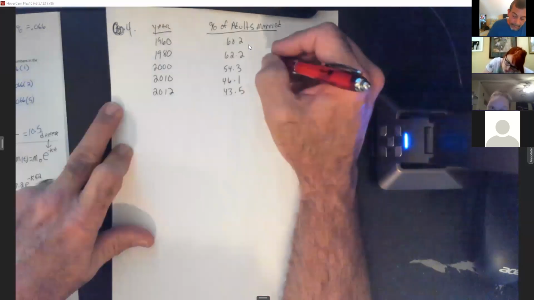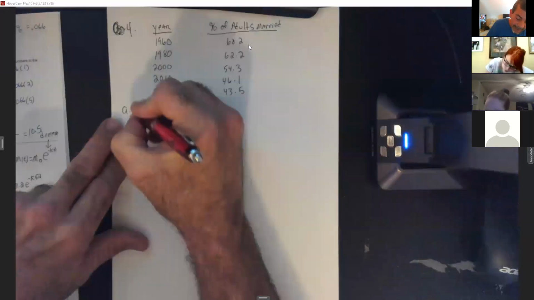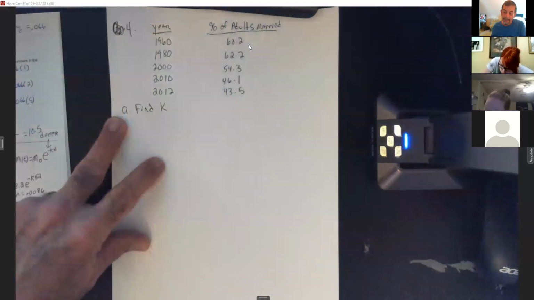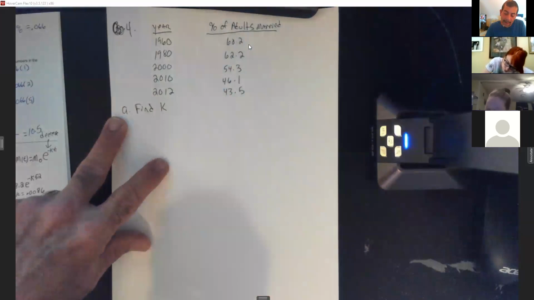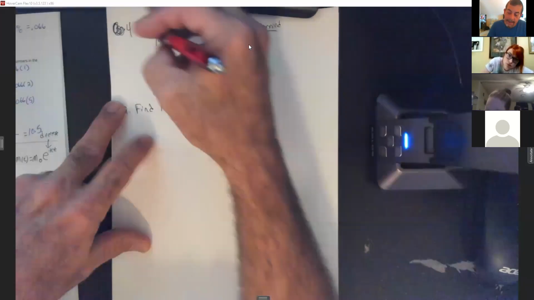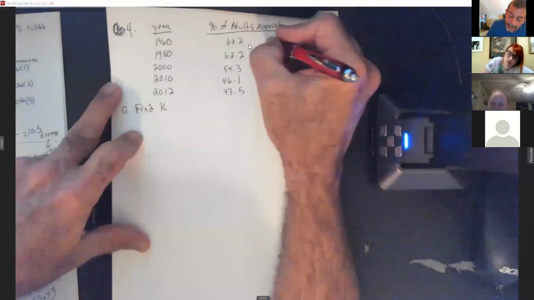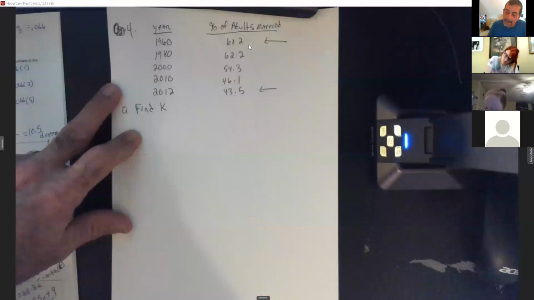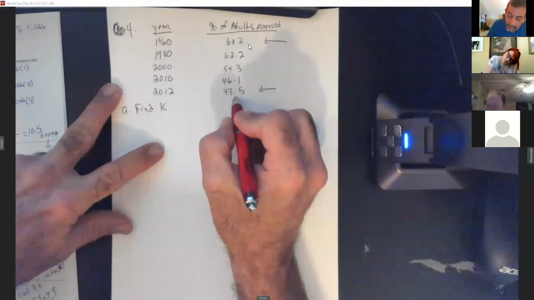So the first question, they want me to find K. So to find K, you're going to really work the formula in reverse. And you want to use your beginning and ending amounts for the K. So the ending amount was 43.5.